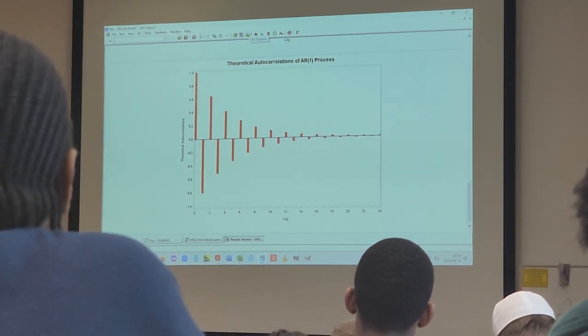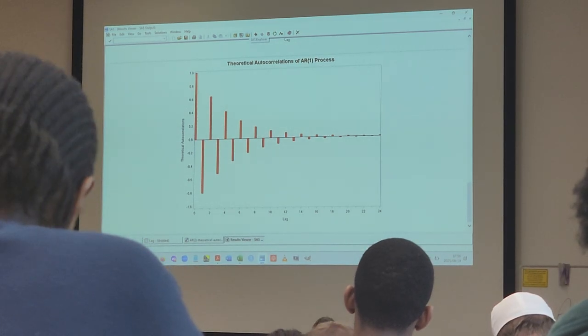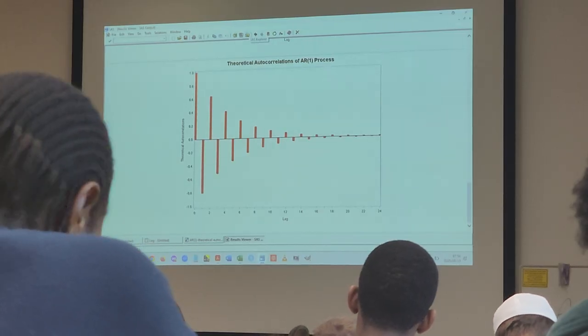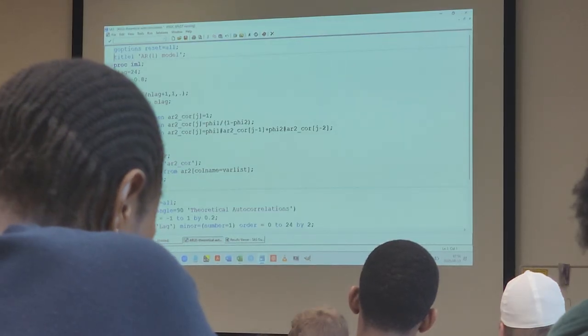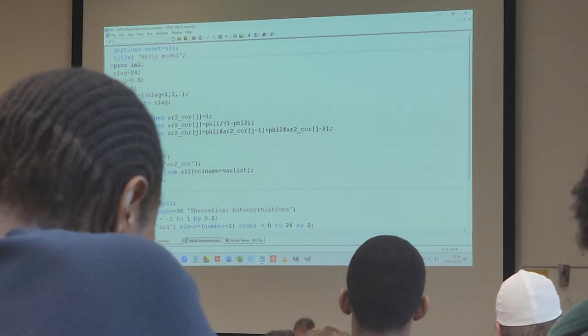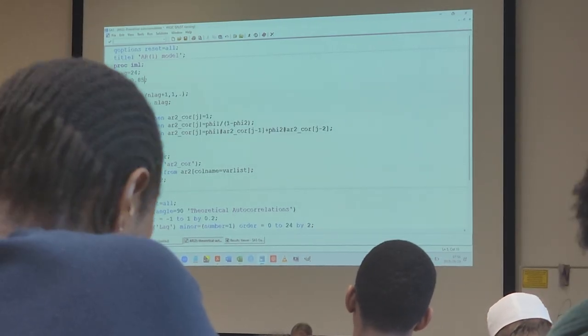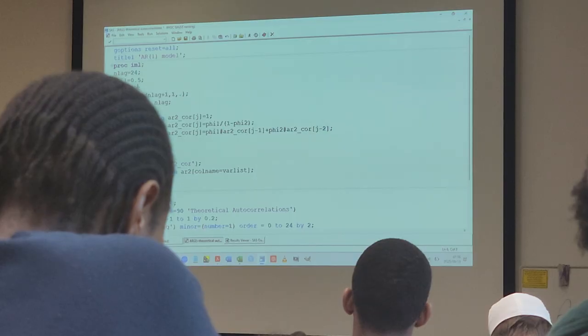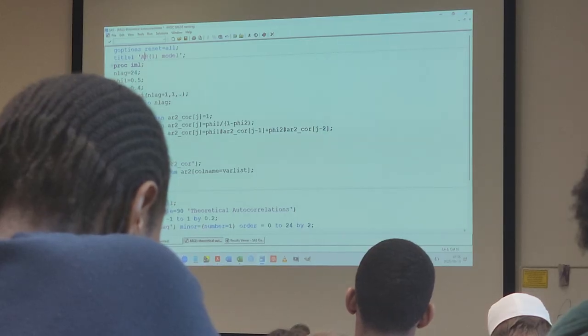Now what happens if we have AR2? Let's go and see. We have the formula for AR2, and that's what I've typed in here in the code. But what happens if I have different values for AR2 processes? Suppose I make this now 0.5 and I make this 0.4.